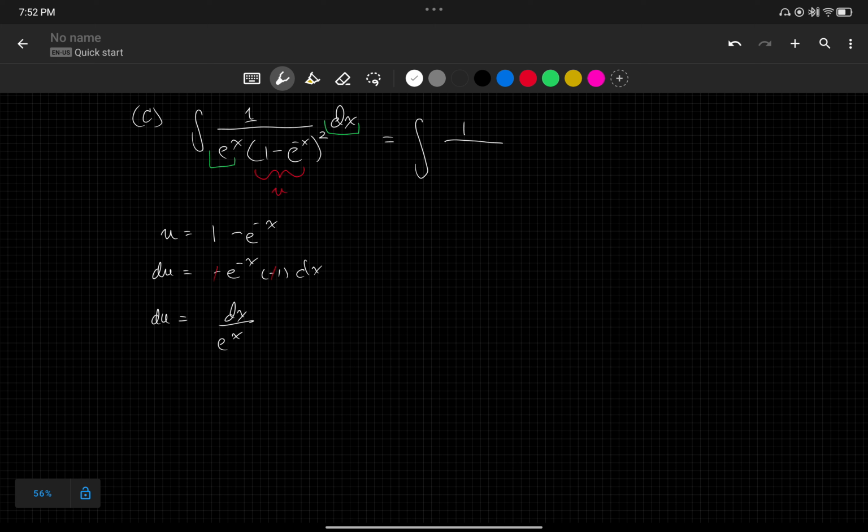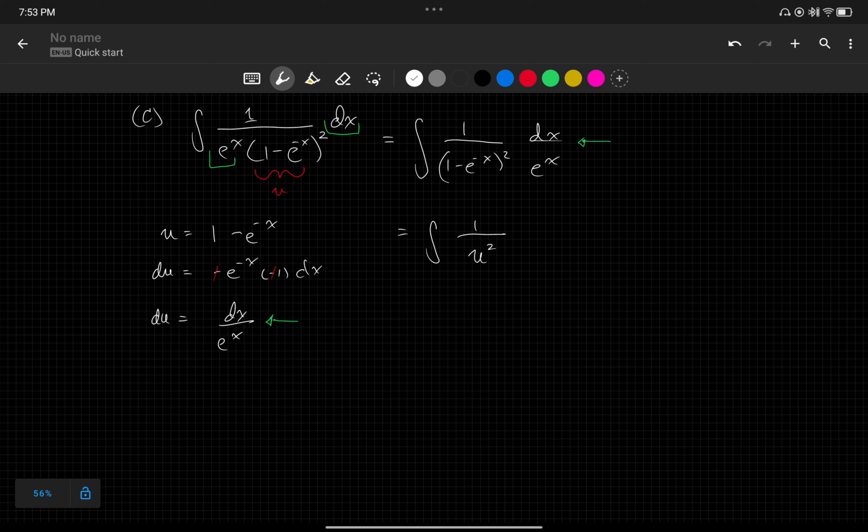1 minus e to the negative x power of 2. And then I said I was going to put dx together with e to the x. Now it matches exactly. So that part and that part right there. Okay, so then this is 1 over u squared.